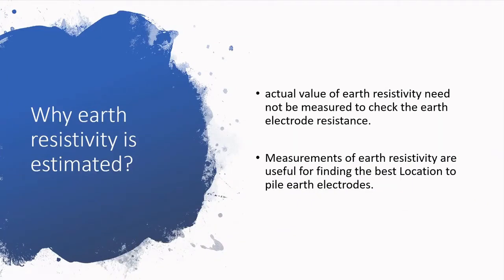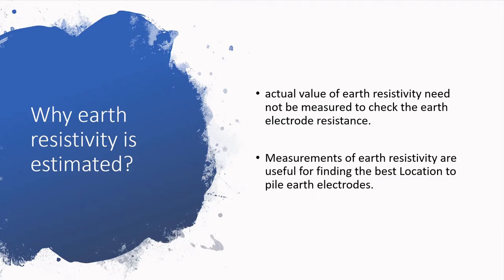Here we are going to discuss why this earth resistivity is estimated. Actually, this earth resistivity value is not needed when you are going to calculate or measure your earth electrode resistance. This is needed when you are going to select the location where you are going to drive your earth electrode. So when driving your earth electrode, if that place has a very low earth resistivity, that earth electrode will have a very low electrode resistance.